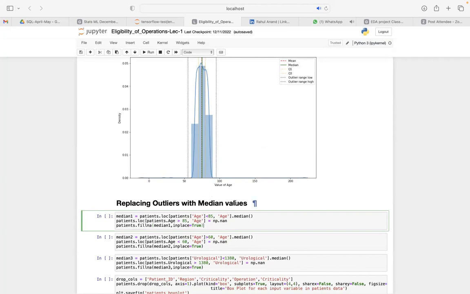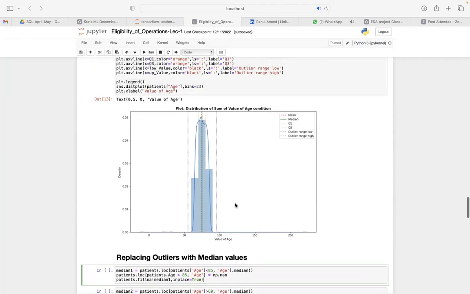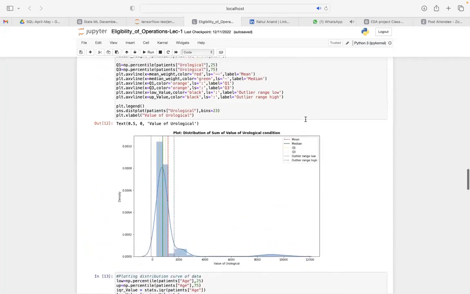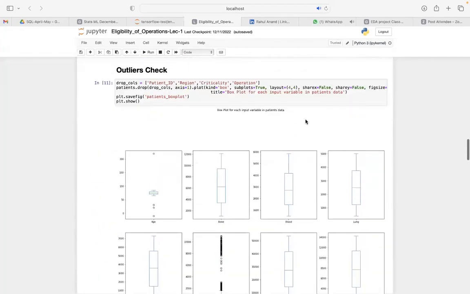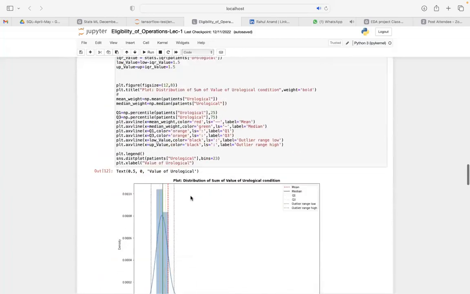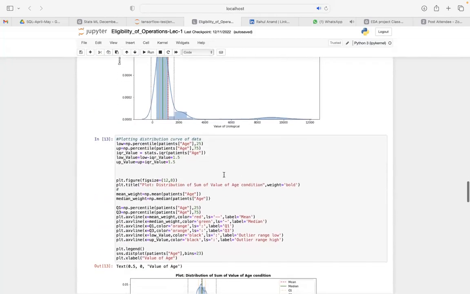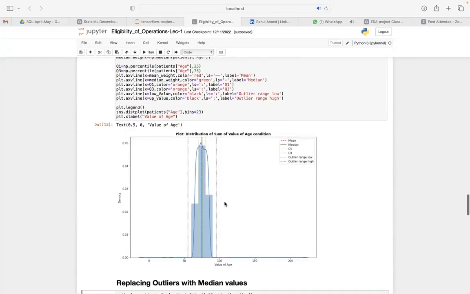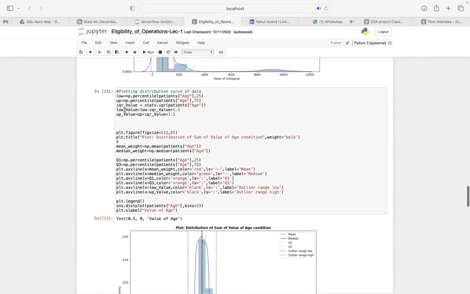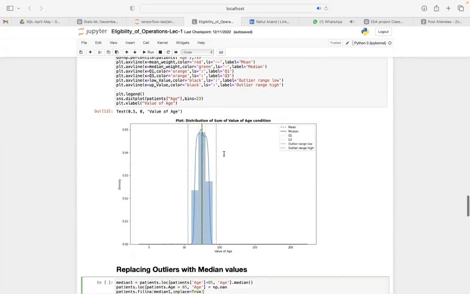Or if you want, you can take the range of minimum to maximum value, or the 25th to 75th percentile value, whatever suits you well, or you can calculate the interquartile range and then decide. Here the interquartile range is also calculated, and you can just take this low and up value, get it printed, and find out the value.